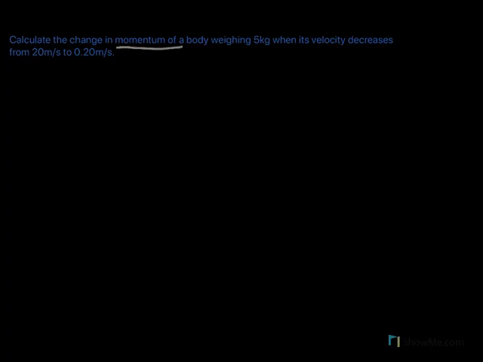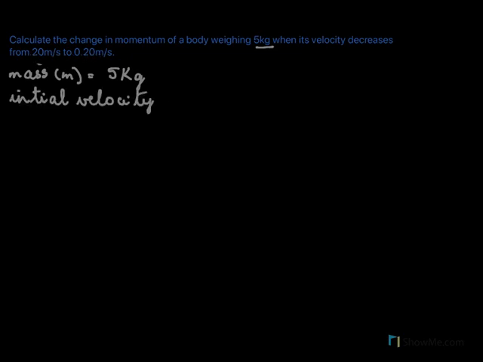Calculate the change in momentum of a body weighing 5 kgs when its velocity decreases from 20 meter per second to 0.20 meter per second. So here's mass, which is m equal to 5 kg. 20 meter per second is the initial velocity, we call it u, and 0.20 is final velocity, we call it v.